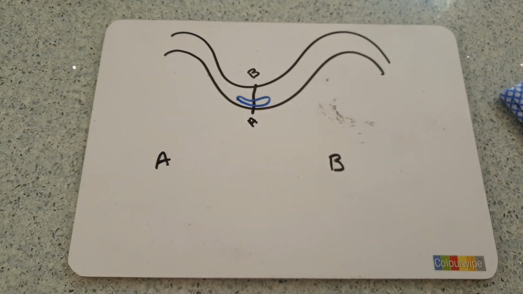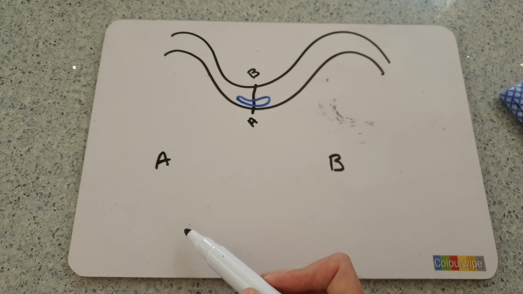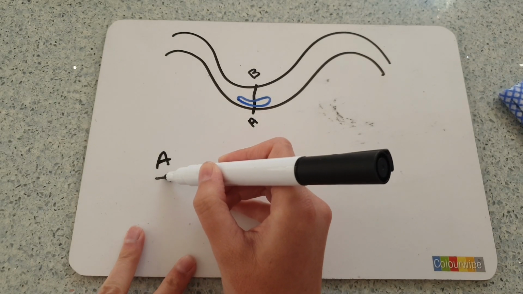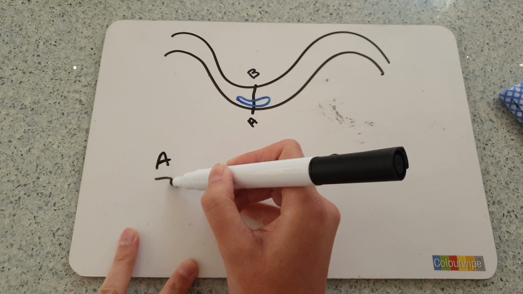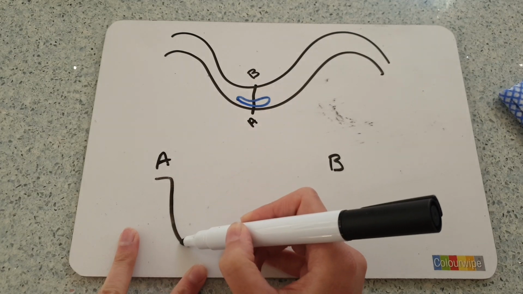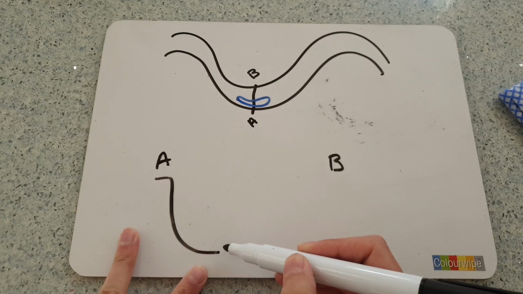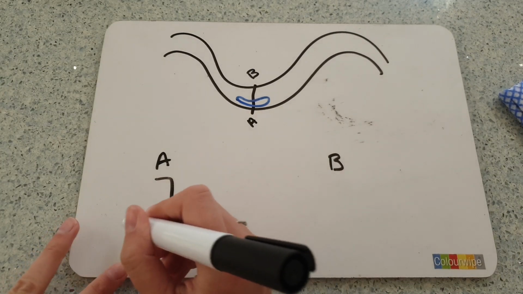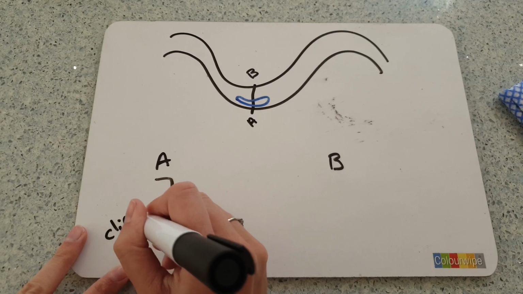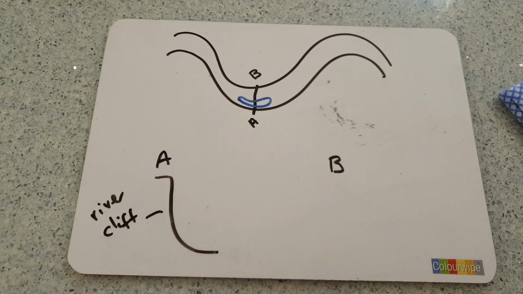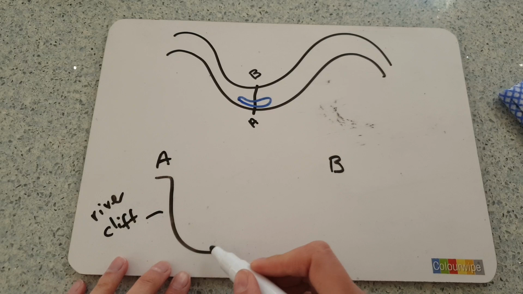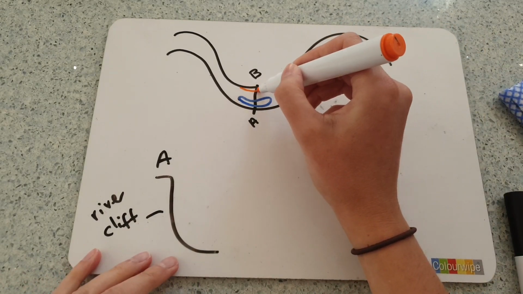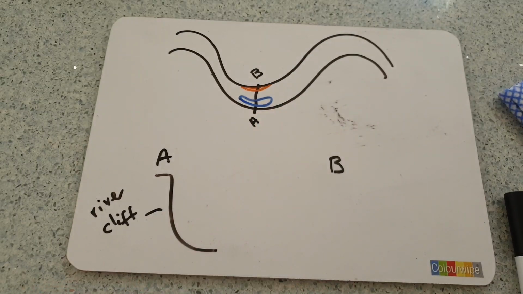So we're expecting, if we cut a river in half, for this side near A to be deeper, and it is. So if we were to draw it, there's our sort of side of the riverbank. Then we have almost a vertical, big, deep section over here, where we've got our river cliff. Put a bit of river there. And then, as we go over to B, and we said this is the area over here, near B, where we've got this river beach, we've got this area of deposition.